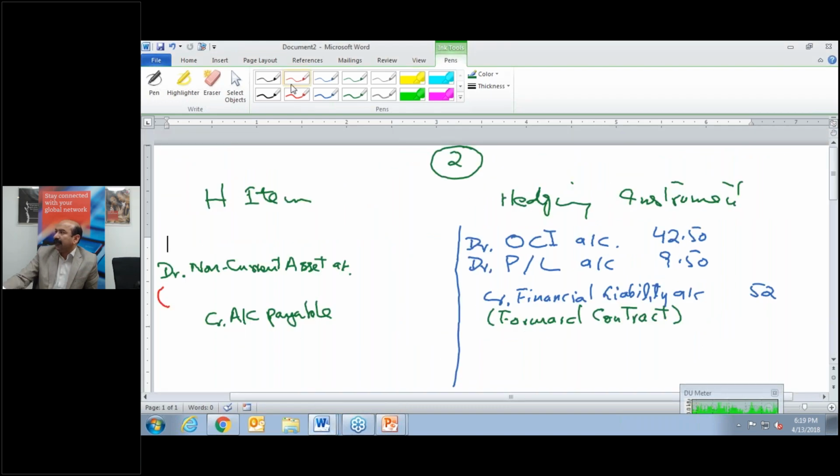So the calculation will be 50 million SK into 11.15.